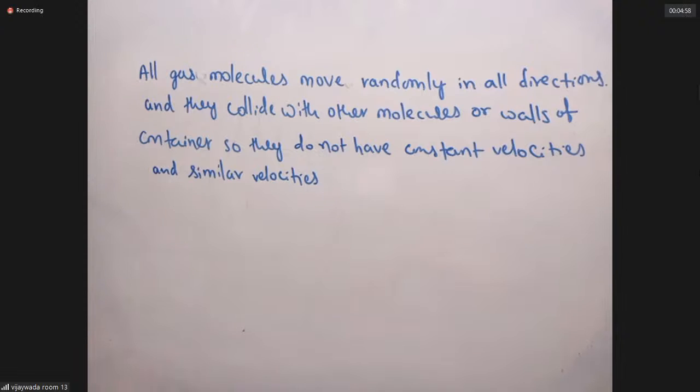We can observe that at a particular temperature, a larger fraction of molecules have the velocity called most probable velocity, and very few molecules have either high velocity or low velocity.